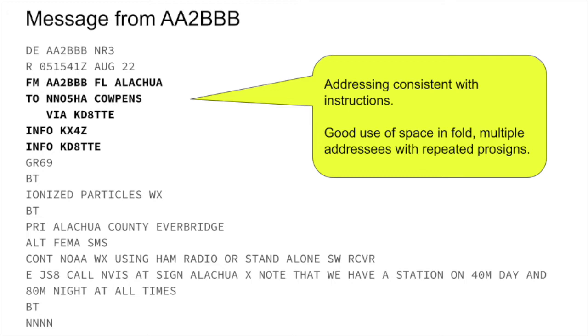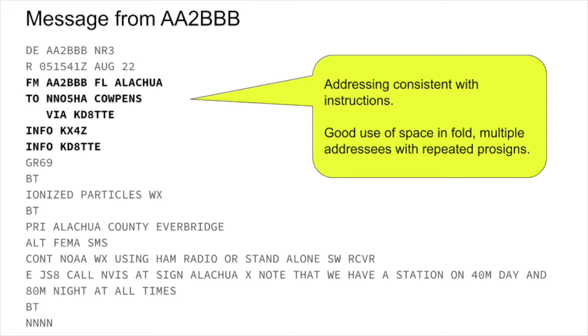Moving on to our address sections, we see that all of this is consistent with the instructions for the exercise. There's a good use of spaces to show a fold. That is, in our to addressee, the action addressee, we have this put onto two separate rows with via KD8TTE visually being below the NN05HA Cowpens.